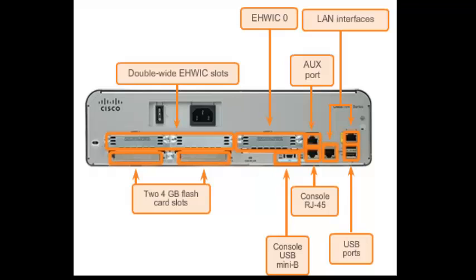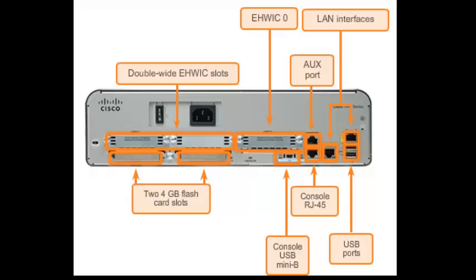And also 2 gigabit LAN interfaces for LAN access, and enhanced high-speed WAN interface card. This is used to support different types of interface modules. The Cisco 1941 ISR also has 2 4 GB storage slots to support expanded capabilities and 2 USB ports.